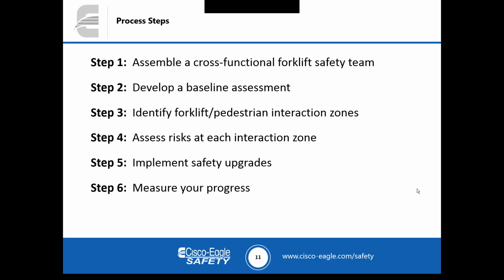Step 3, identify the forklift pedestrian interaction zone in your facility. Step 4, you want to assess the risks at each of those interaction zones that you've identified. Step 5 is to implement safety upgrades once you've assessed and identified the risks in those zones. And step 6 is to measure your progress.